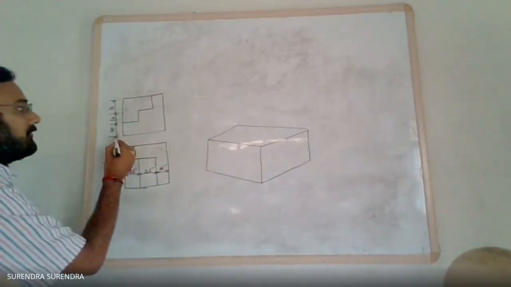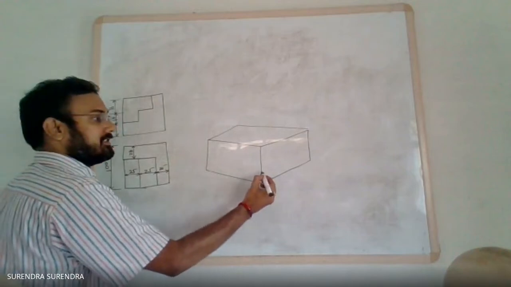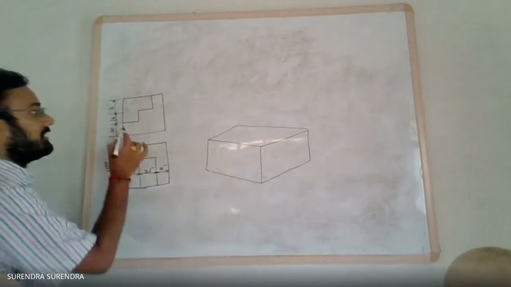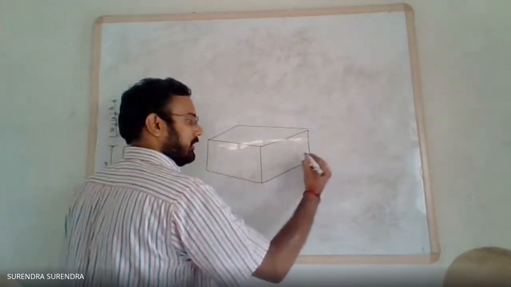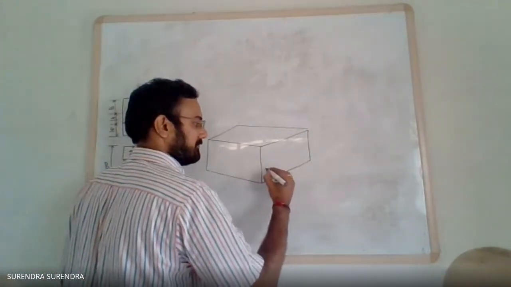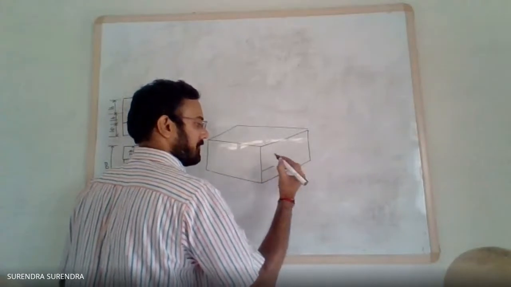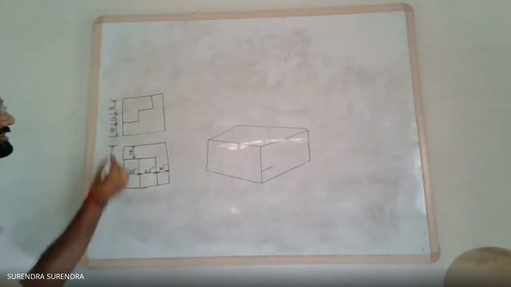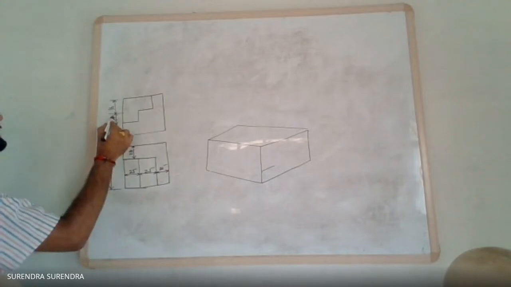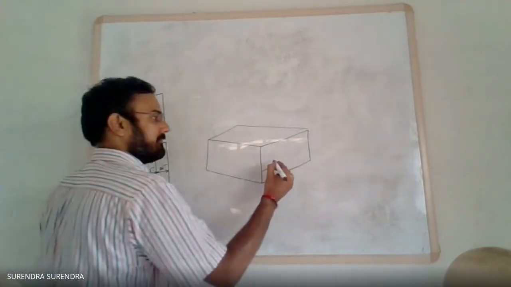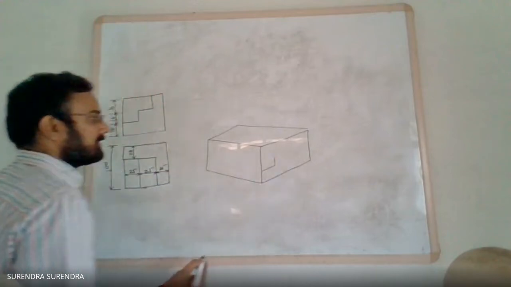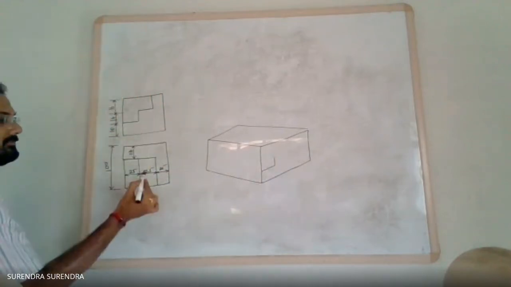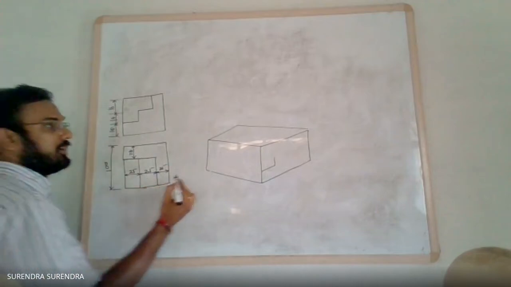How? Vertical height 16 mm. Next, from here, depth 25 mm along the 30 degrees inclination line. Next, again height 16 mm, and next depth 25 mm.